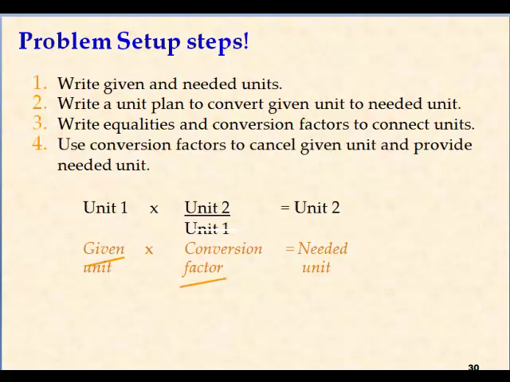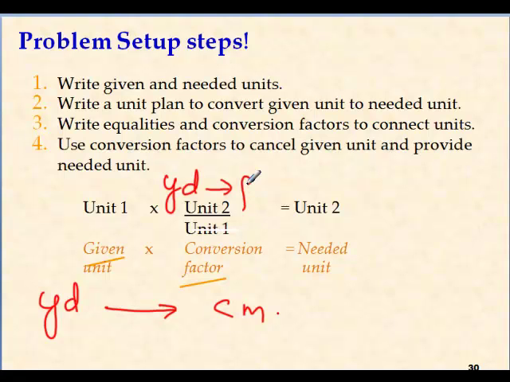Now, the reason we're saying a plan is, for example, it says yard, and you have to convert that into, let's say, centimeters. If you didn't know exactly the direct relationship, one of the ways would be to convert my yard to feet, and from feet, I can convert into inches, and from inches, I could go into centimeters.